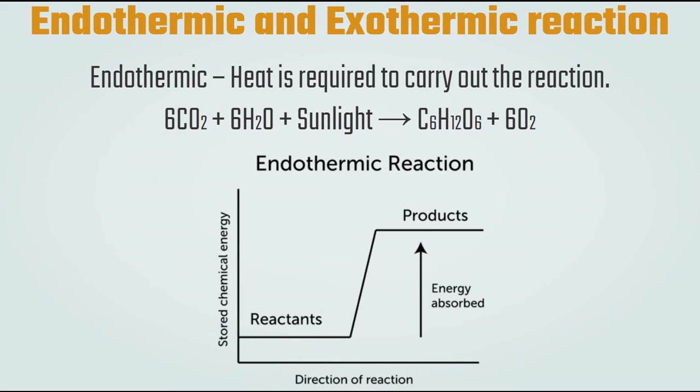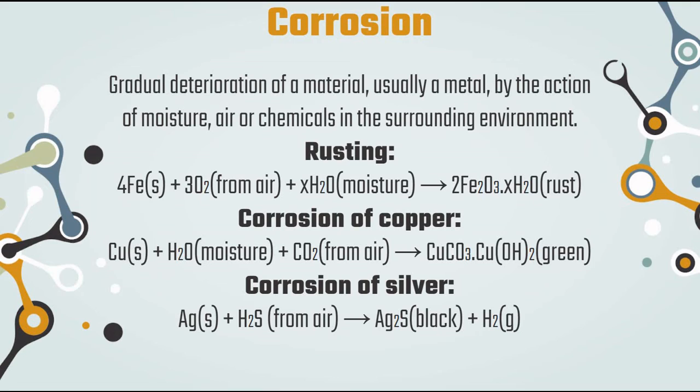Now let's know about corrosion. You might be knowing what is corrosion. It is a gradual deterioration of a material, usually a metal, by the action of moisture, air or chemicals in the surrounding environment.